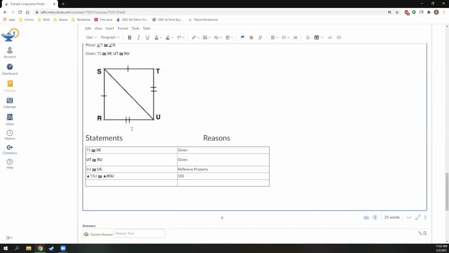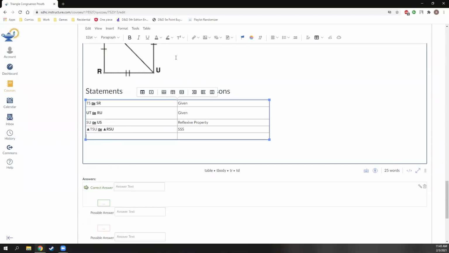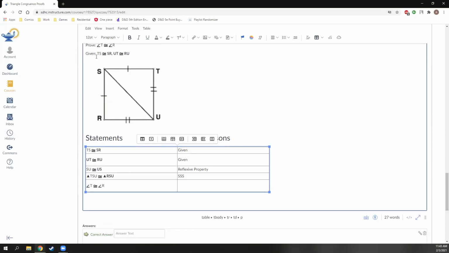There is only one step in a proof that comes after this triangle is equal to this triangle. There's only one step, and it's always going to be, if what you were trying to prove wasn't this triangle is equal to that triangle, then whatever you were trying to prove, in this case, this angle equals this angle, is going to be the next statement.